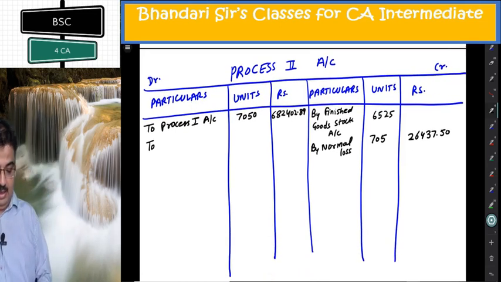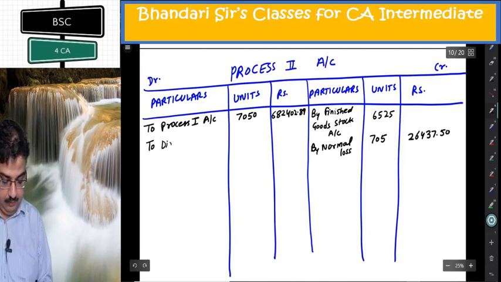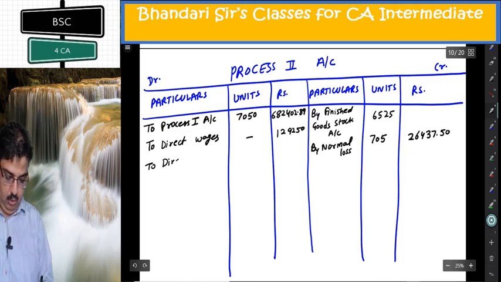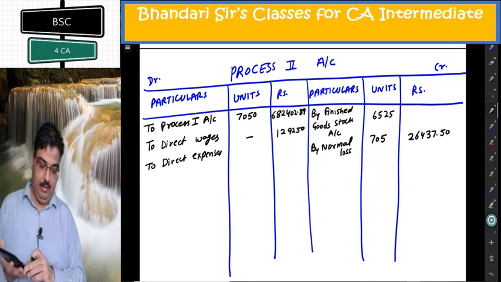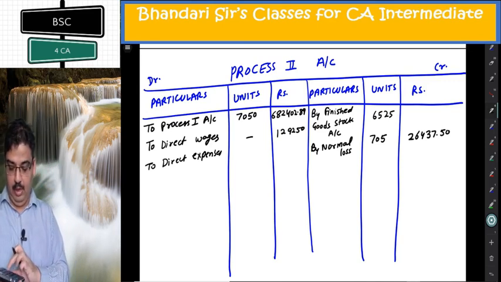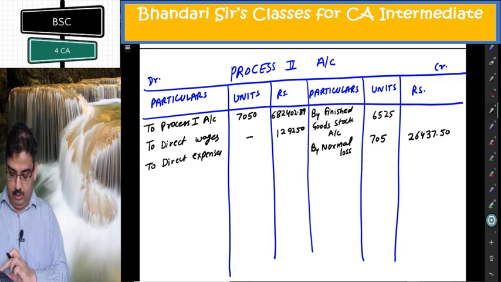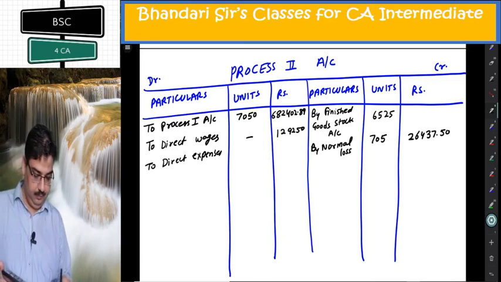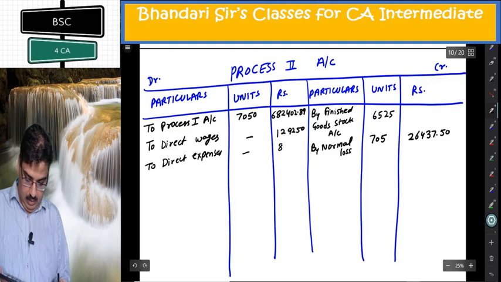Now comes the debit side again. To direct wages, 129,250. To direct expenses, it is 65% of direct wages here, 129,250 into 65%, 84,012.50.